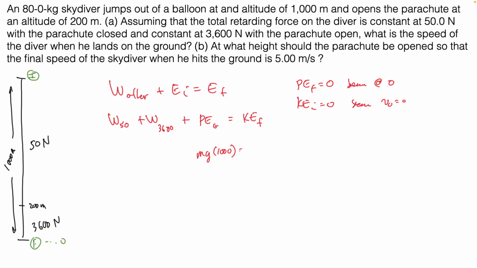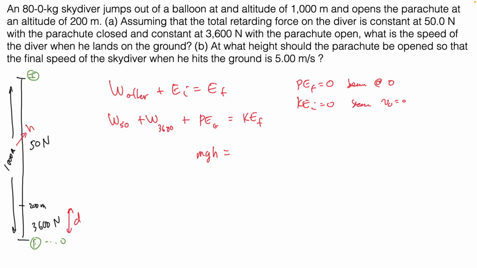It's the total it's falling, right? Okay. So I want to keep things in symbols here. I'm going to call this 1,000 meters the height. And then because I'm not very creative, I'm going to call this distance right here D. Okay.